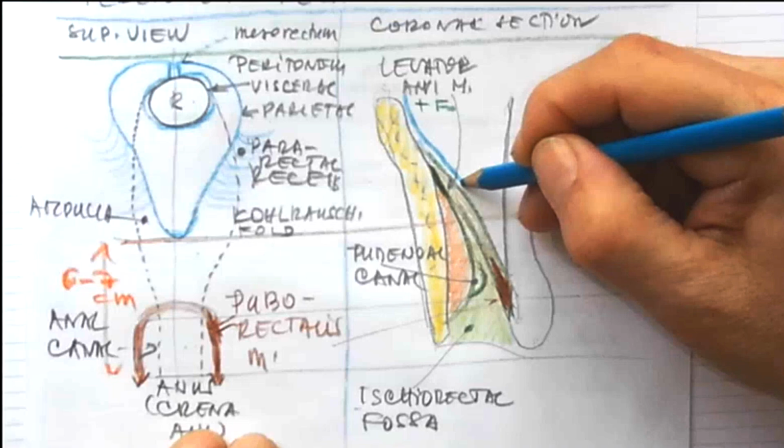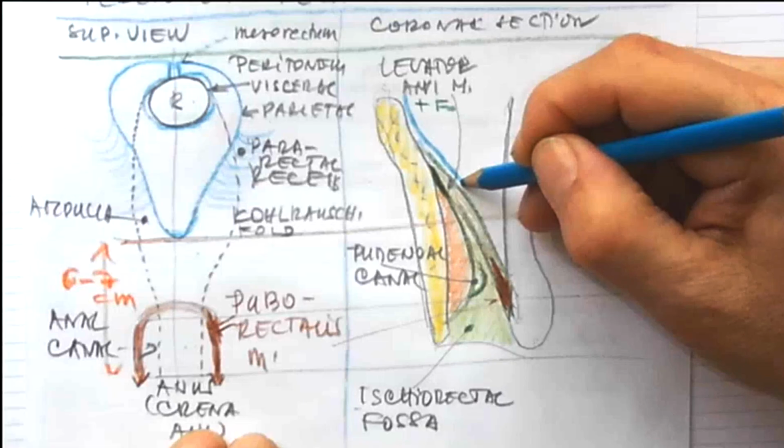Then we see also the circular fibers. Here is also the sphincter, circular fibers like that. And then placing a dot here, it's not bad to place here the Kohlrausch's fold, and here I'm doing the same. This is Kohlrausch, you see, at the same level. Very good. Of course, here is, again, definitely the soft tissue.